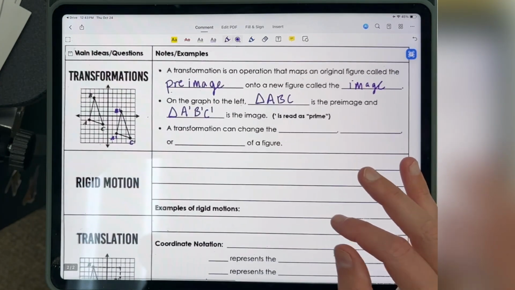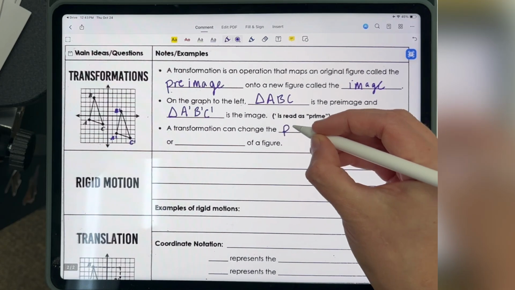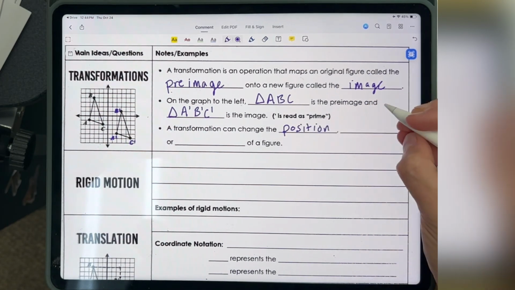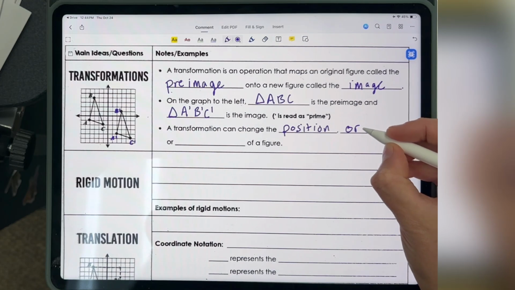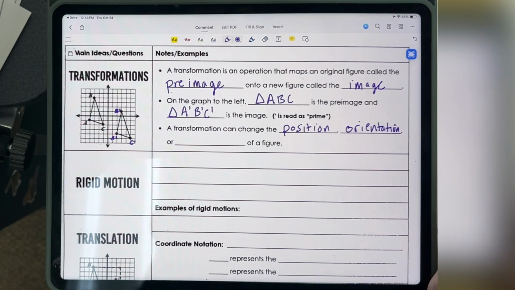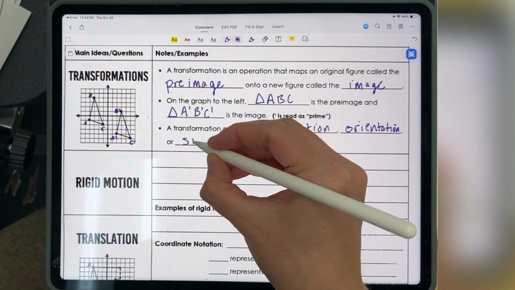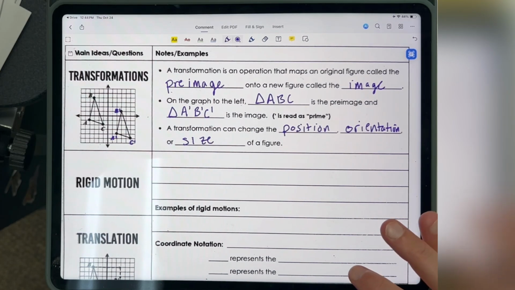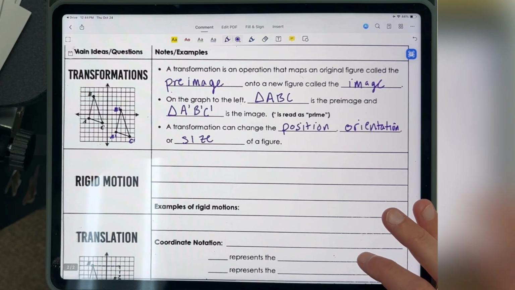A transformation can change the position, orientation, or size of a figure. So what is a rigid motion then?